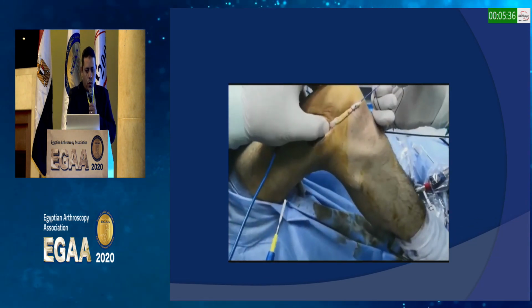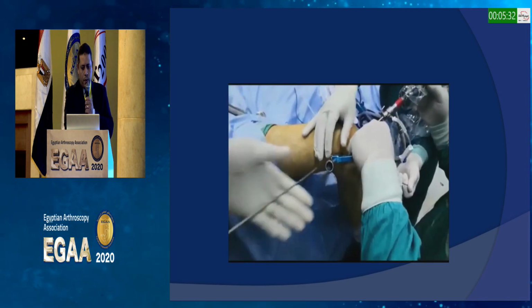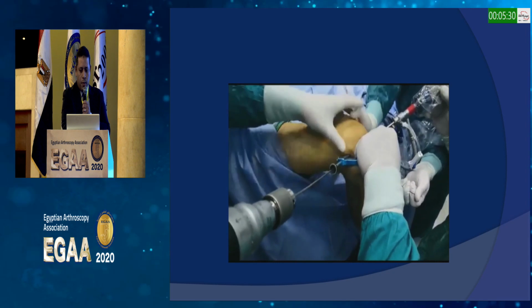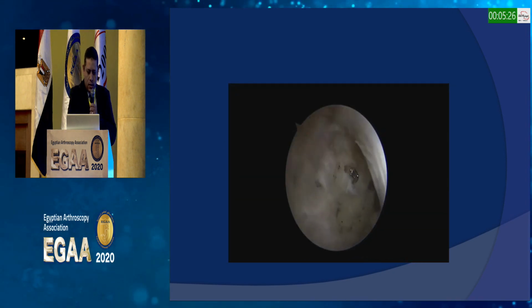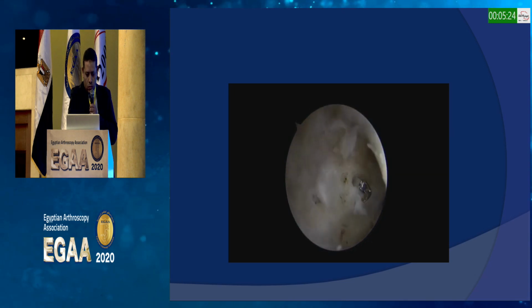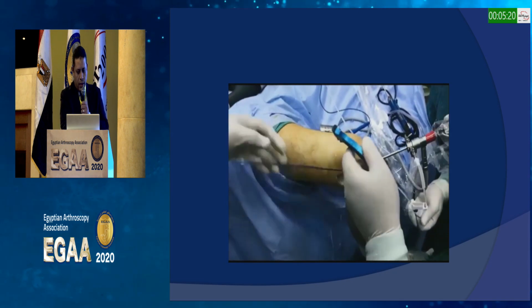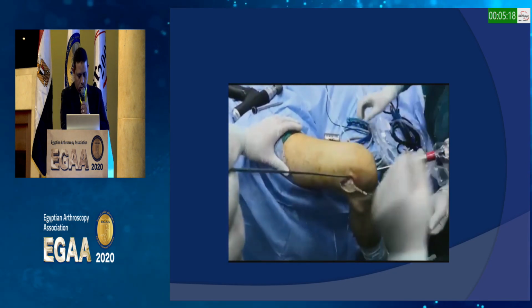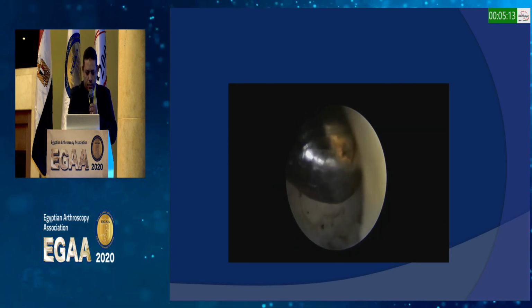With a diathermy, we mark the site for the femoral tunnel, which is proximal and posterior to the lateral femoral epicondyle. We put a femoral guide pin from outside. Then we make the femoral tunnel from outside while we protect the PCL with a retractor.